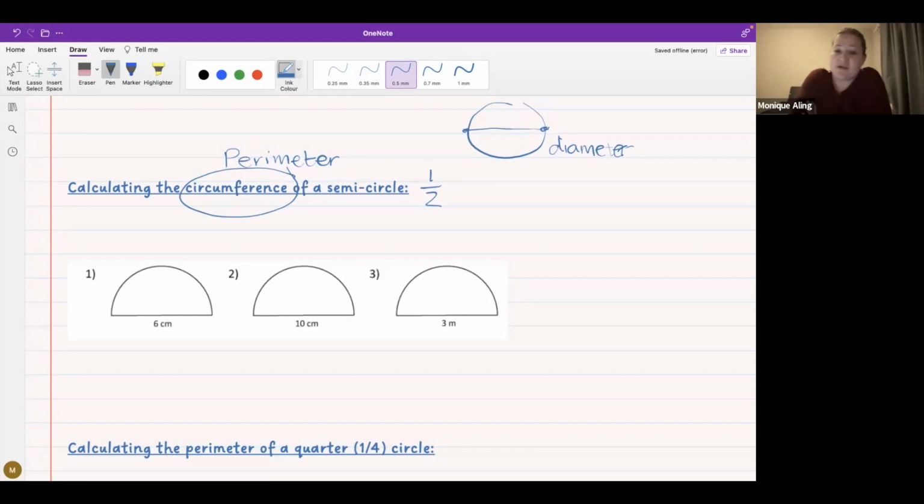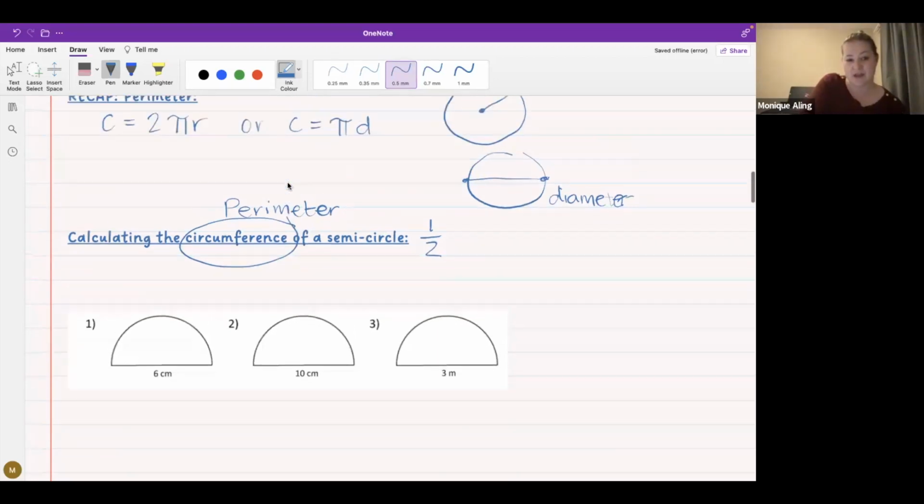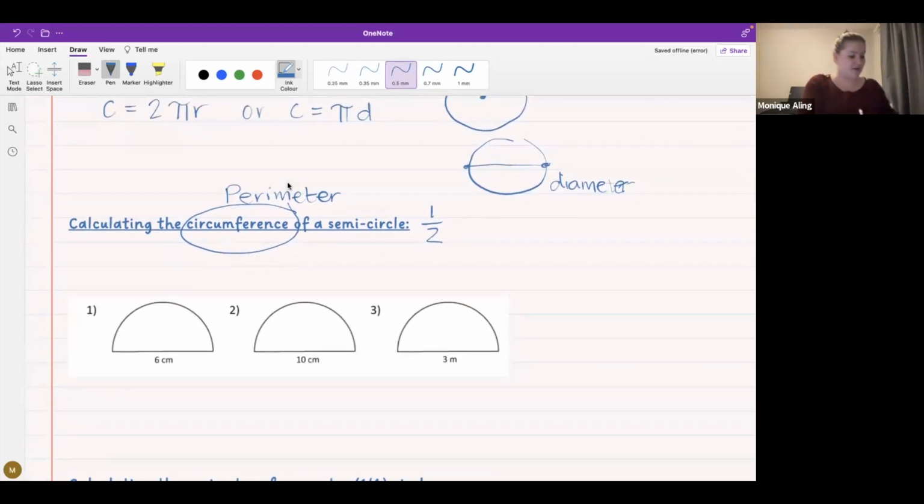Do you think our formula changes? Half pi times radius. Okay, so close.